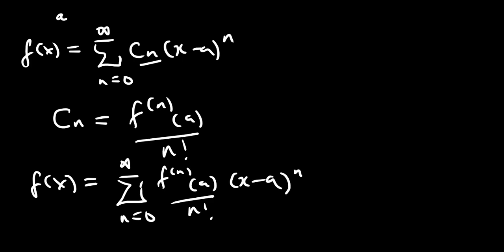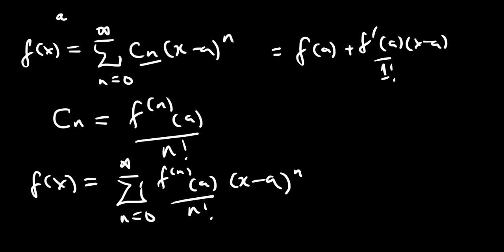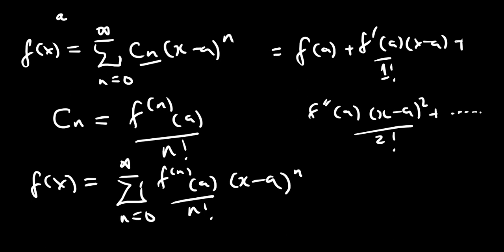So at a point a, I get f of a plus f prime of a over 1 factorial times (x minus a), plus f double prime of a times (x minus a) squared over 2 factorial, plus, and this continues up to infinity.